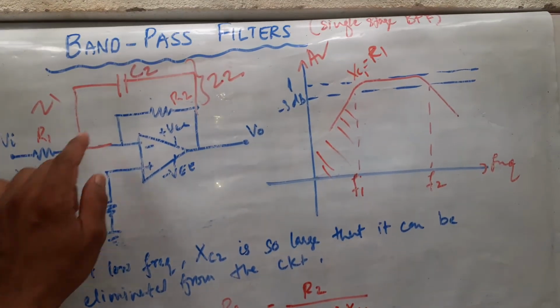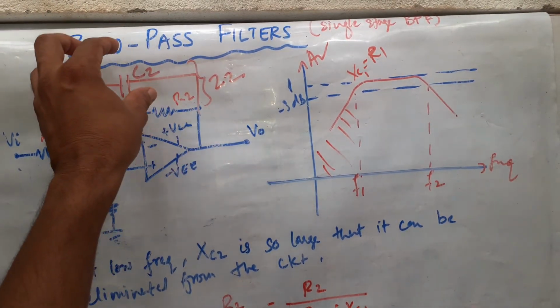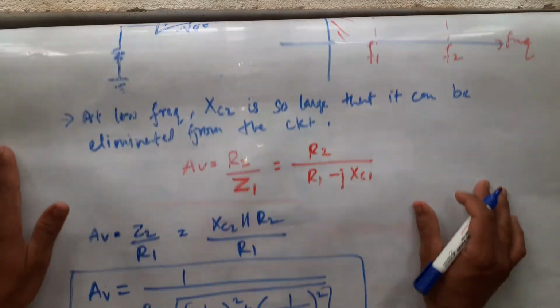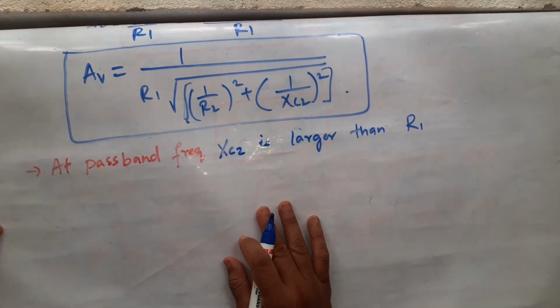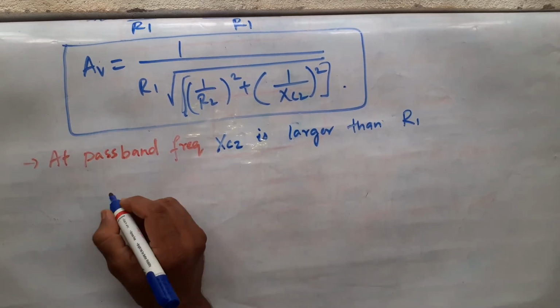Where is our XC2? Yes, here. So this reactance becomes larger than R1 at the pass band frequency.